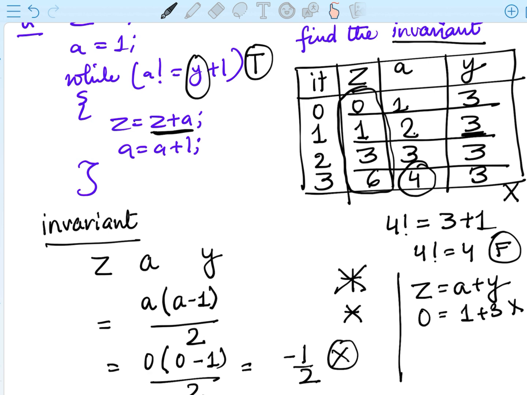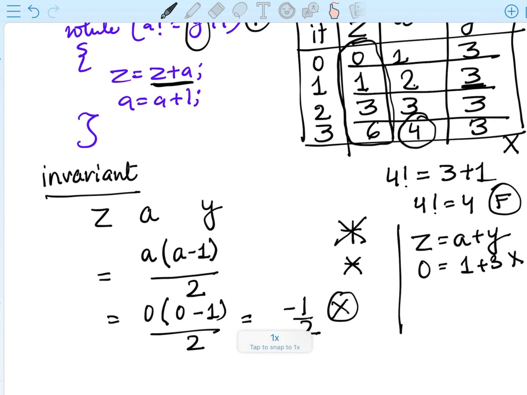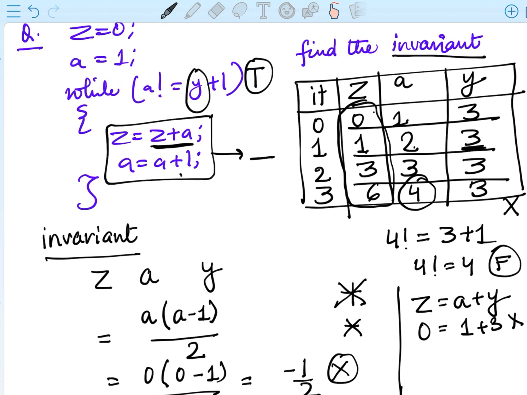That means this needs another method to be found. I will not discuss that method now, but we will come back to this question once we reach that method. So this is one method of finding invariants, hit and trial, or you can use another method which we will be discussing further, and we'll come back to this question.